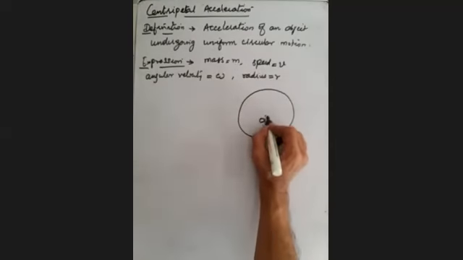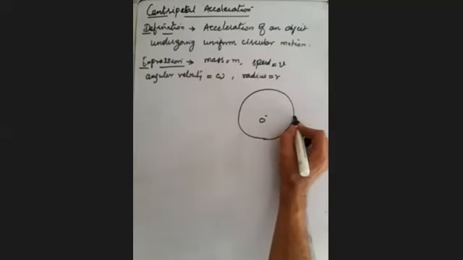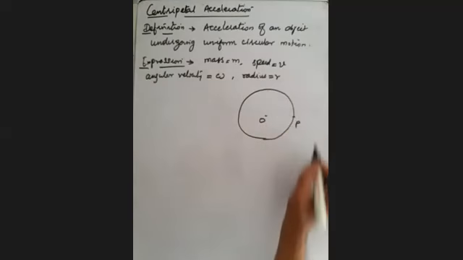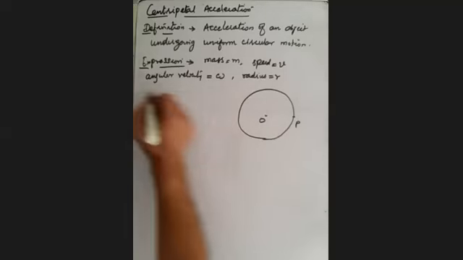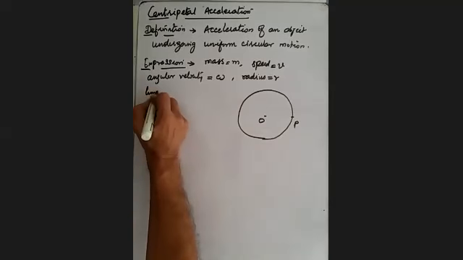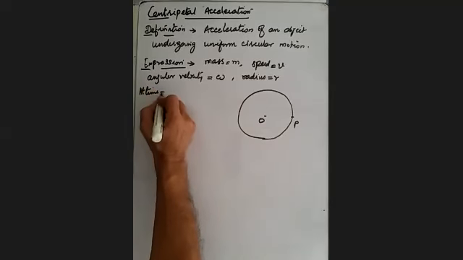O is the center. Let us say at any time the particle is at point P on the circular path. Then let us set time equal to t.